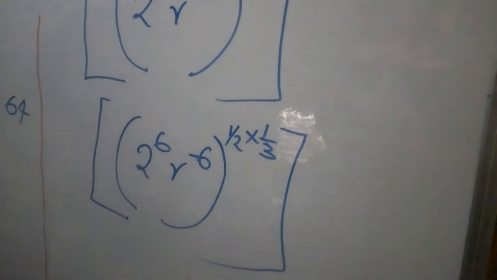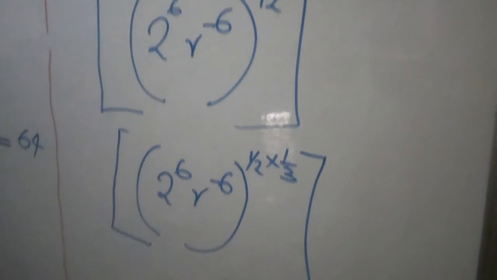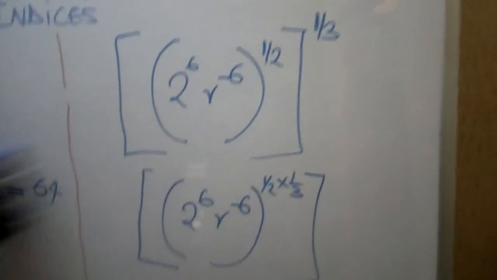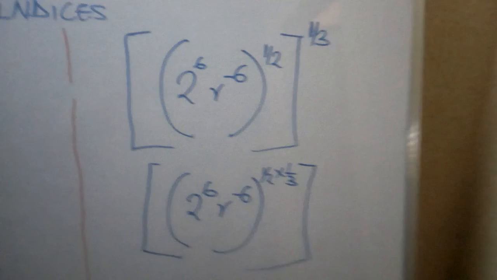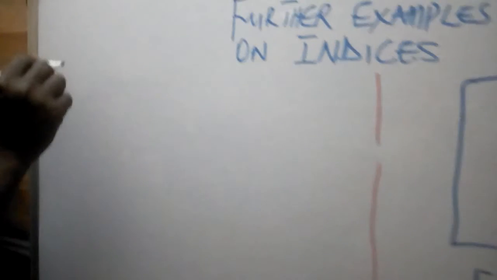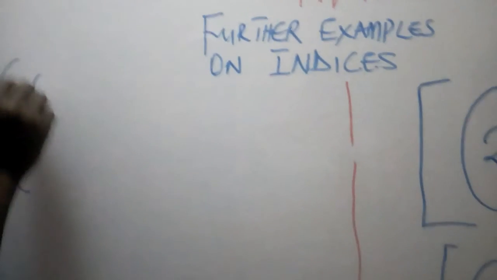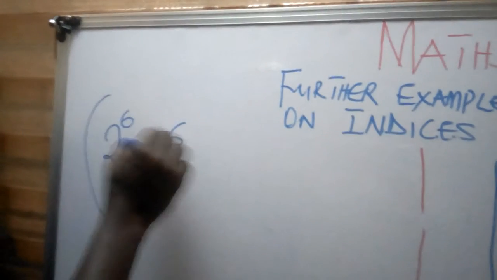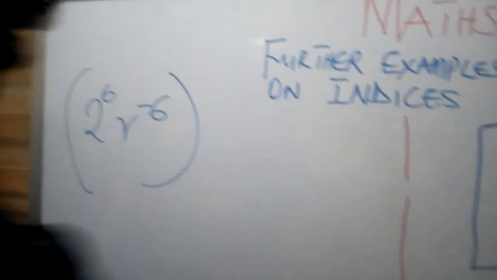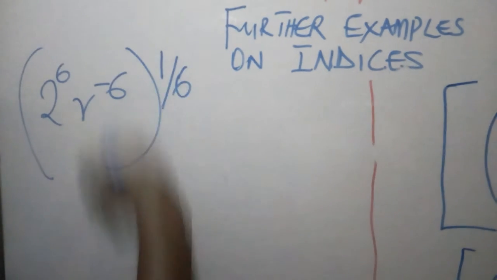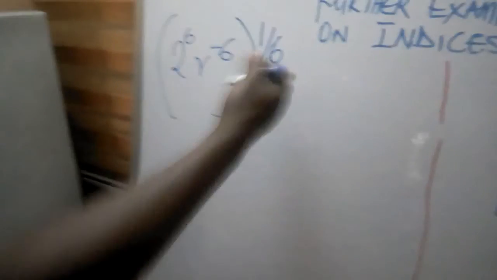So from here, let's be fast this time because we're running out of time. From there, you have bracket open, 2 to the power of 6, to the power of minus 6, into this side is 1, this side is 1 over 6, to the power of 1 over 6. If it's to the power of 1 over 6, 1 over 6 will come this way.